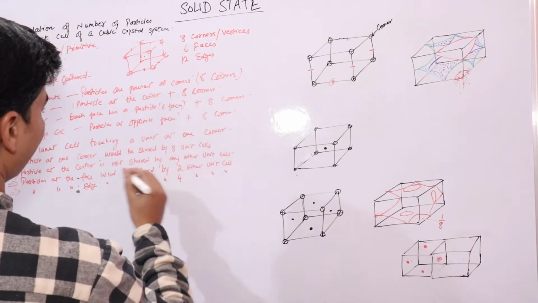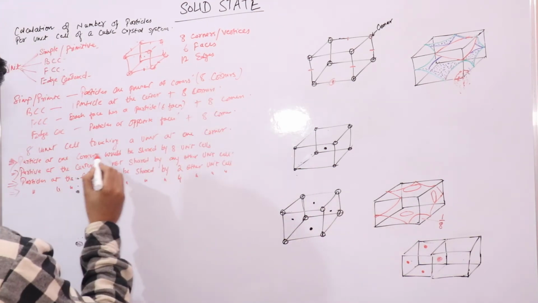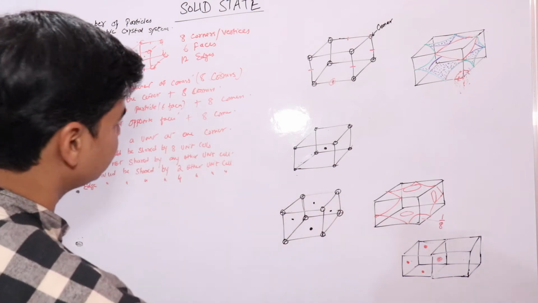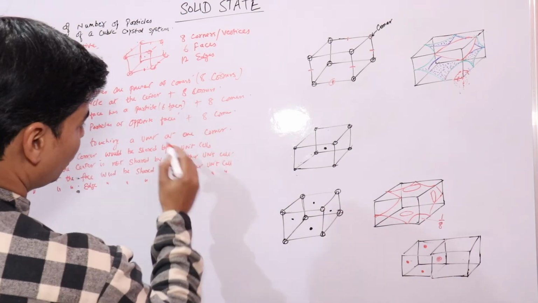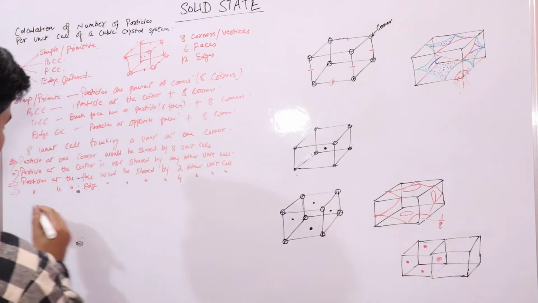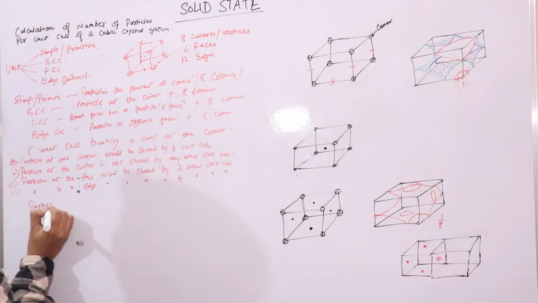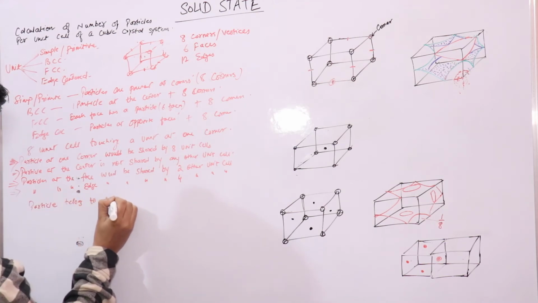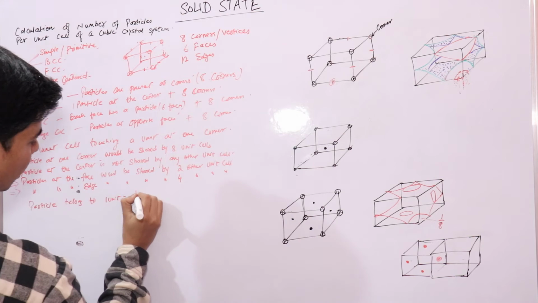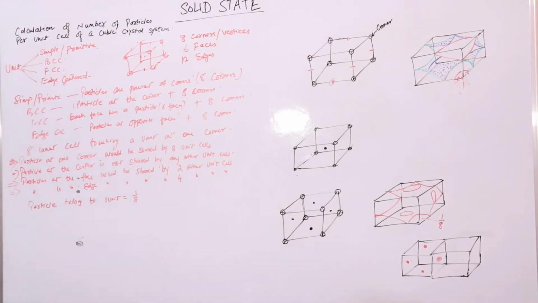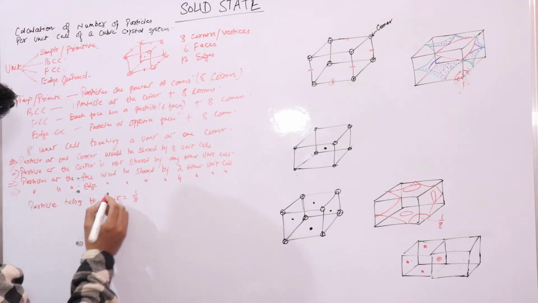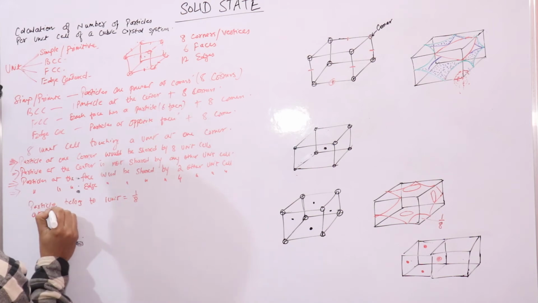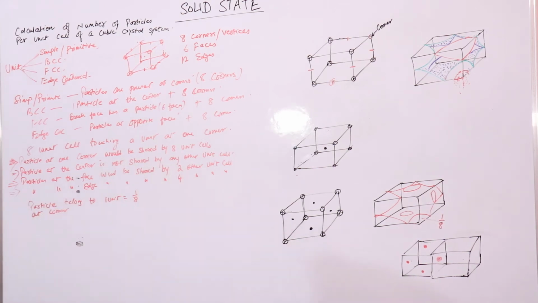So here, the particle at one corner would be shared by 8 unit cells. Since it's shared by 8 unit cells, the particle that belongs to one unit cell would be 1/8 at a corner, right?